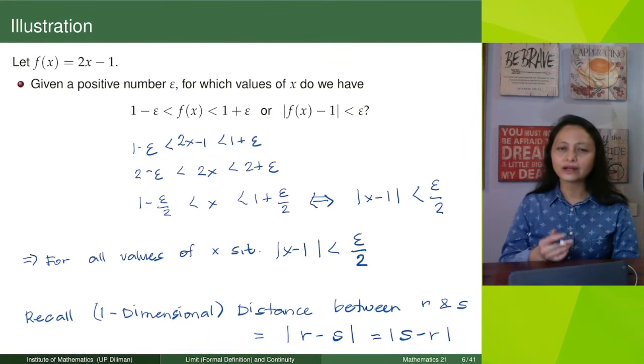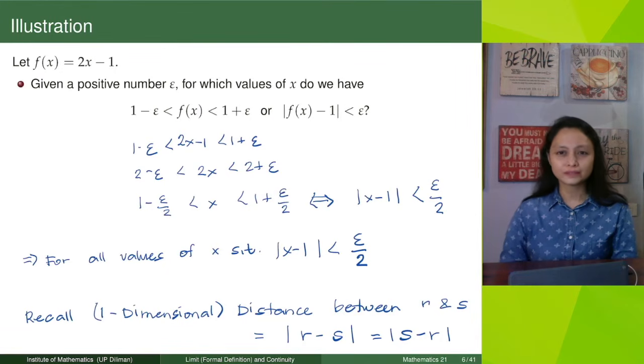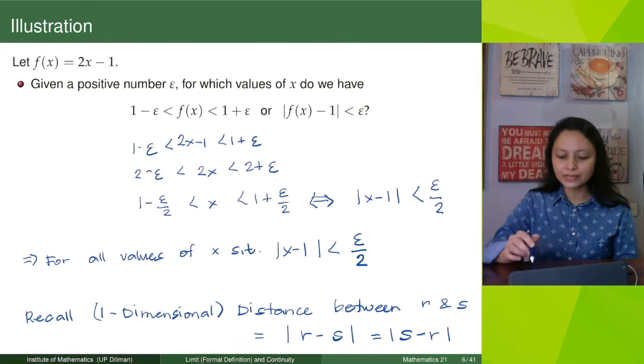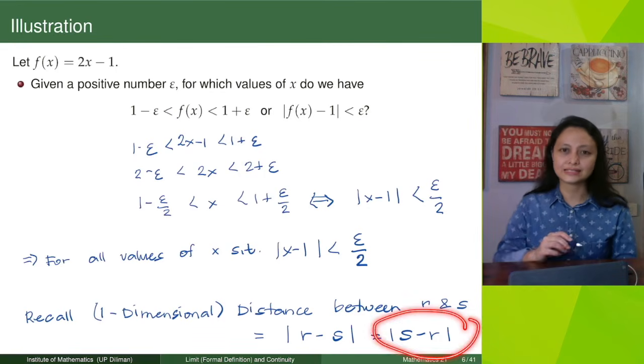Remember, our goal is to describe what closer and closer means. So closer in terms of distance. So we will be using this formula for the distance.